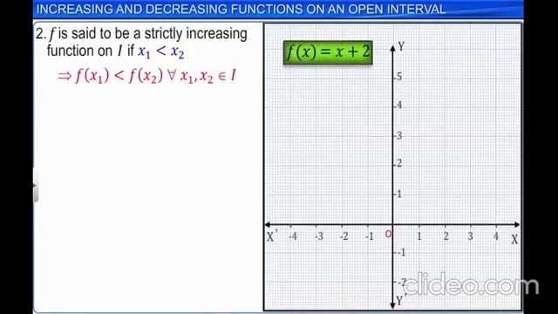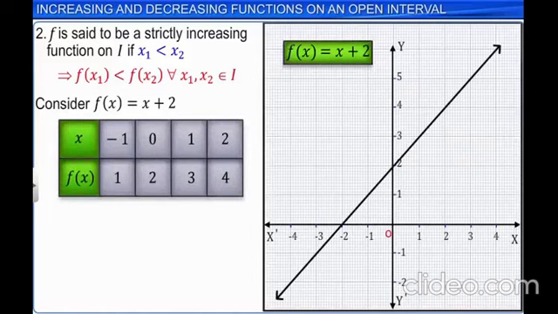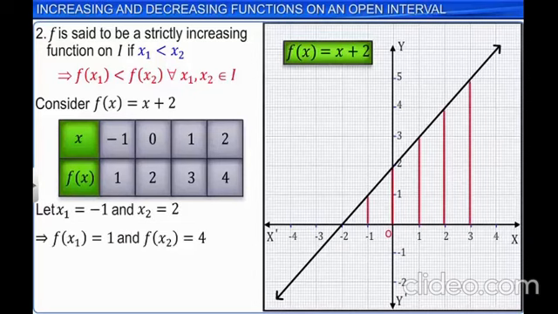Take a look at the graph of the function f of x is equal to x plus 2. For every value of x, we get a different value for f of x. And as the value of x is increasing from -1 to 2, the value of f of x is increasing from 1 to 4.